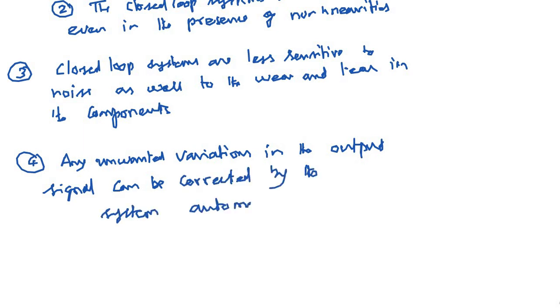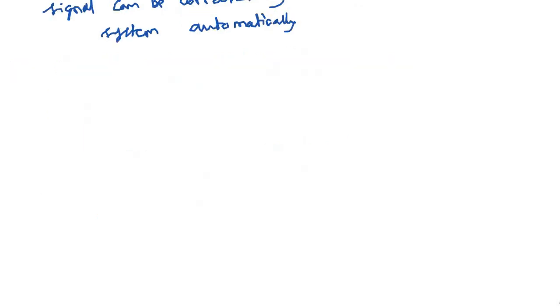This is the very, very important property of the closed loop system. Last, we'll talk about the cons. Cons of the closed loop system.